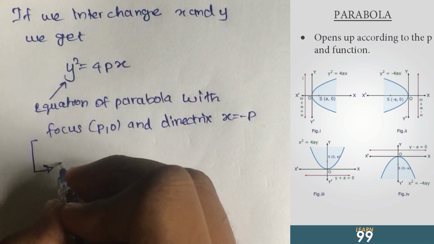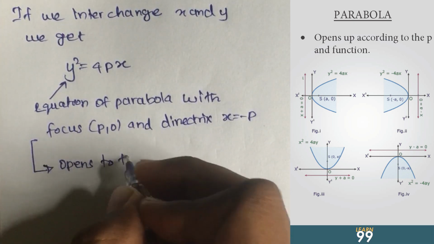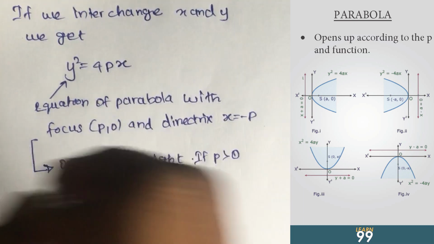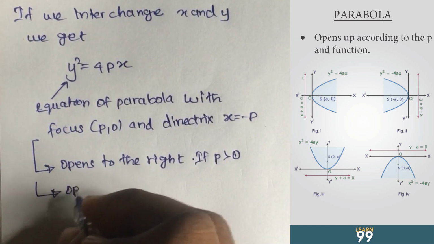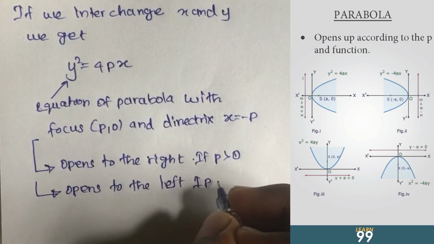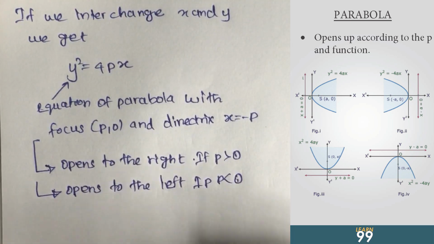Here also, if p is positive, it opens to the right, and if p is negative, our parabola opens left. Now we can go to the examples.